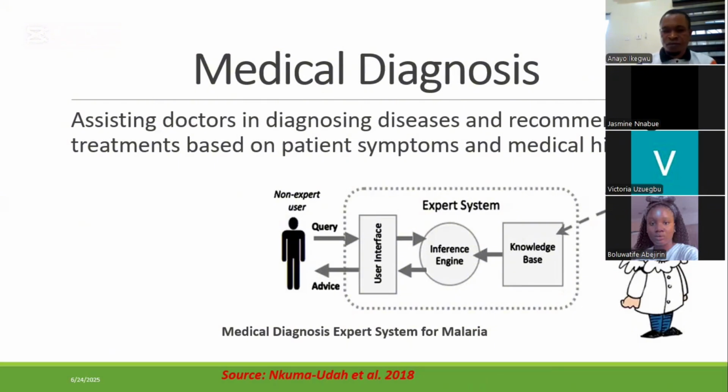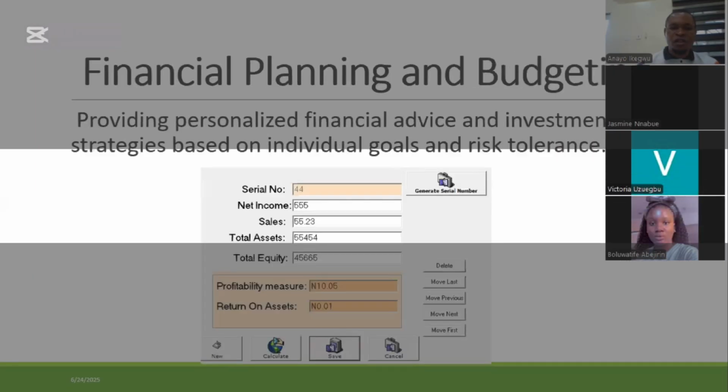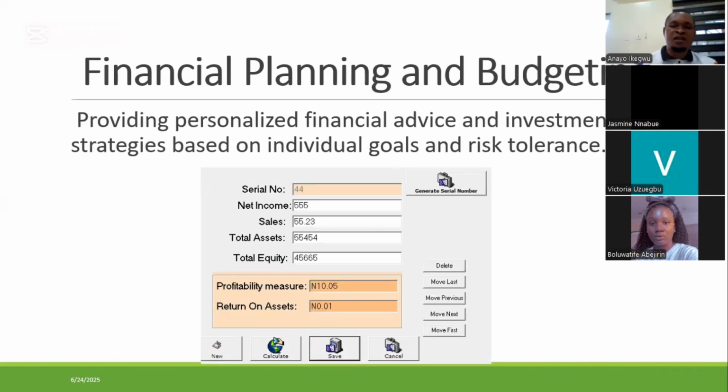So having noted this, we can now move to the second application area or use case: financial planning and budgeting. How can expert system be applied for finance and budget? Of course, it helps provide personalized financial advice and investment strategies.